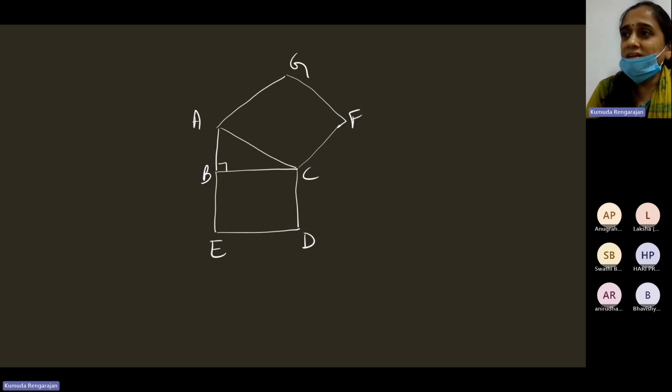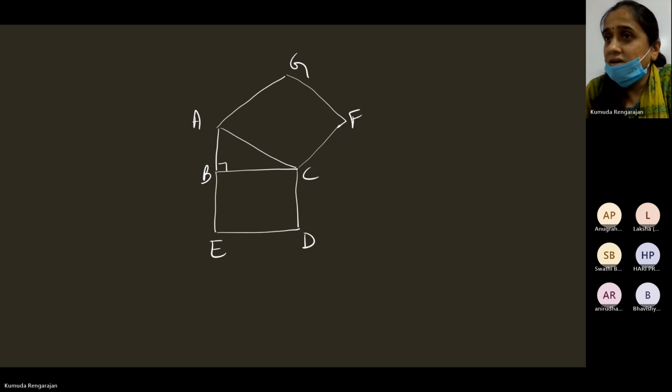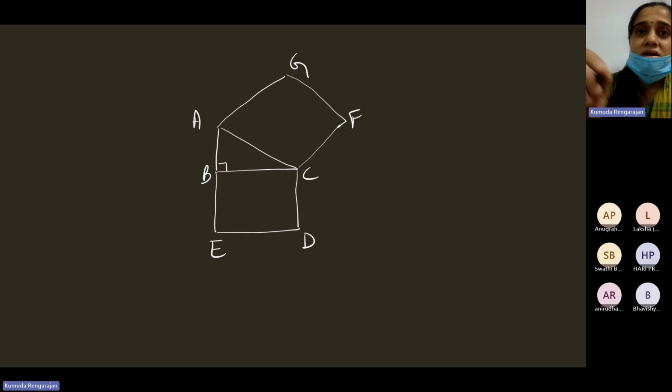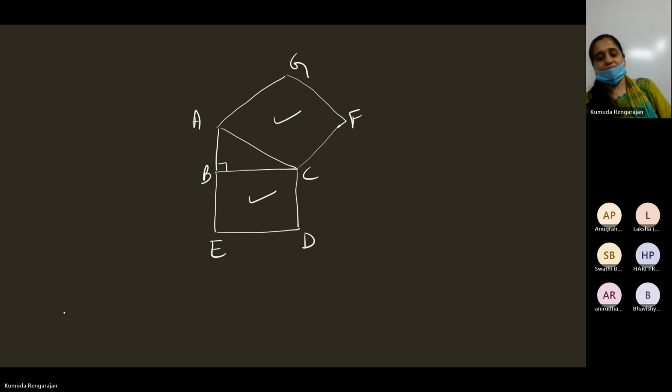Because we know that in a right triangle, the hypotenuse is the longest side. So the sides of the square described on the hypotenuse will be longer than the sides of the square described on BC, because BC is shorter than the hypotenuse AC.